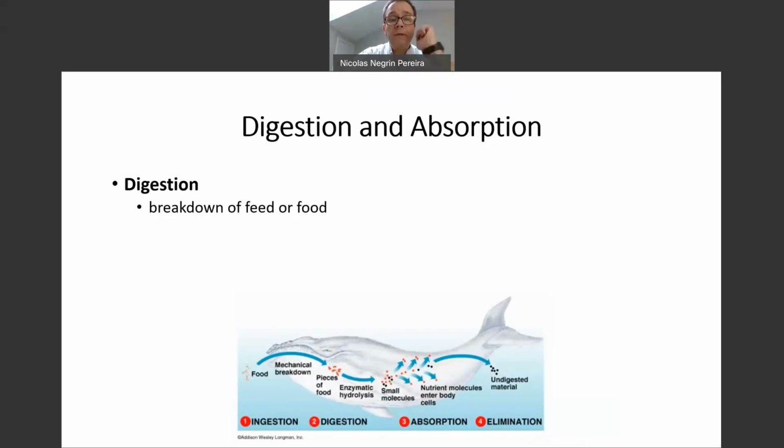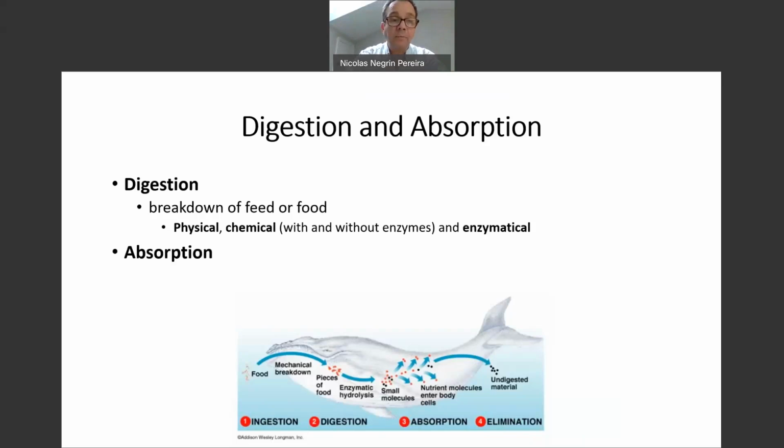So we can define, as a broad concept, digestion as the breakdown of food. There is a physical process by mastication and grinding in the mouth by the teeth, a chemical process that in some cases can be with or without participation of enzymes, and a third process, which is an enzymatic process, of course, where enzymes take an active role.